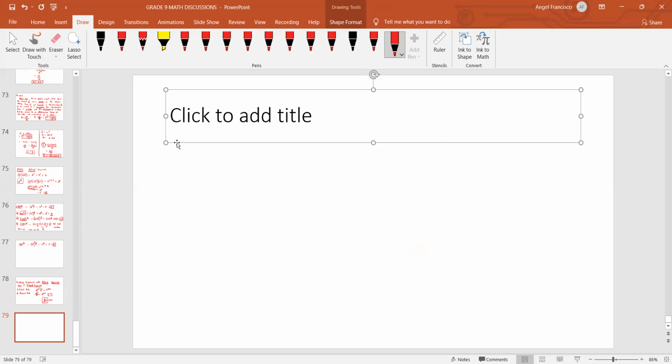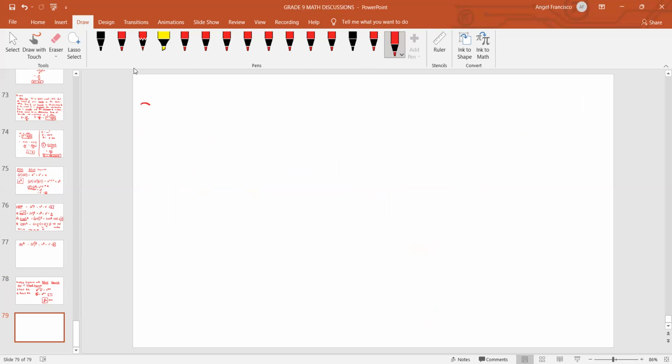Number 3, power rule. So here is power rule. X to the m raised to the power of n. So that is x raised to the power of m times n. So you're going to multiply the exponent.